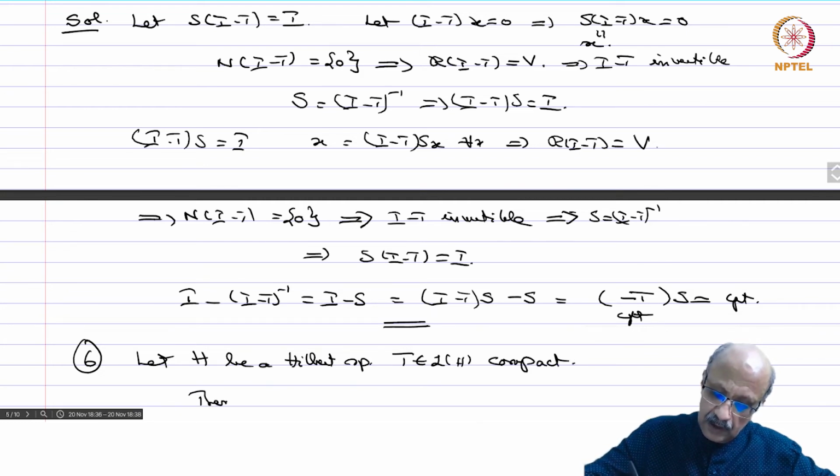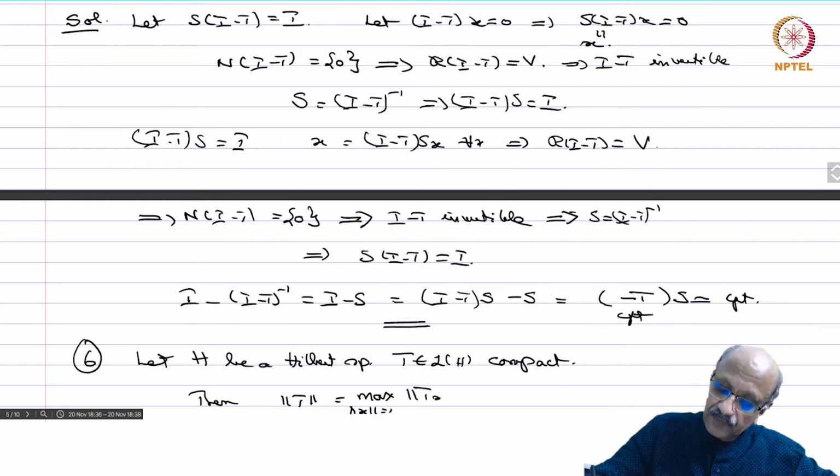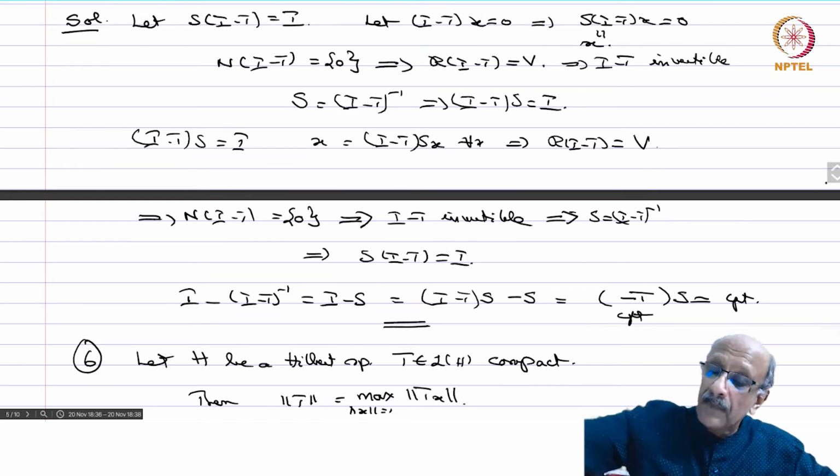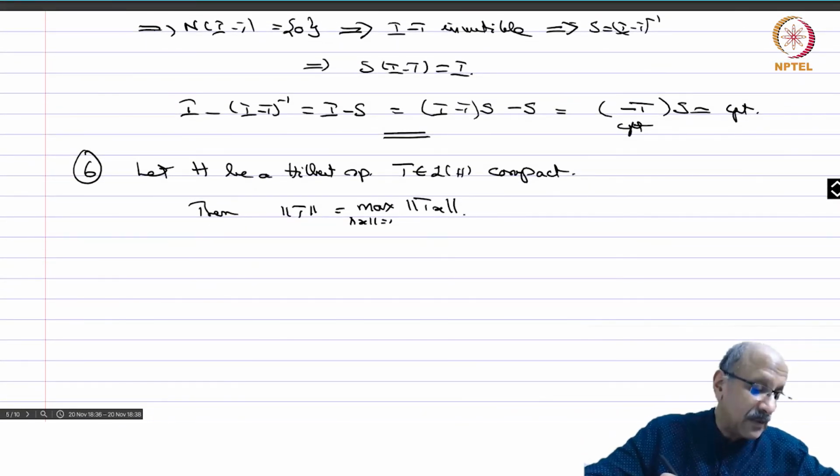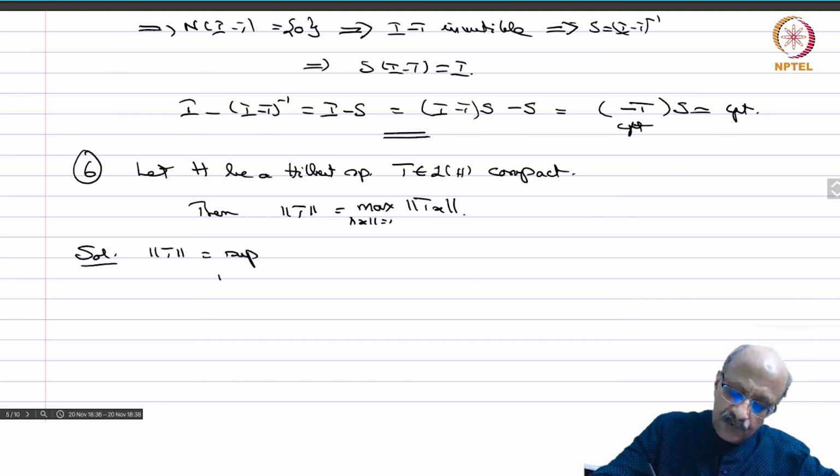Then norm T equals the maximum over the unit sphere of norm Tx. We know that it is the supremum, and if you have a compact operator, then it is in fact the maximum. So, solution: norm T is the sup over norm x equal to 1 of norm Tx.